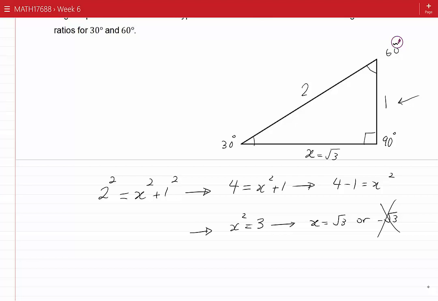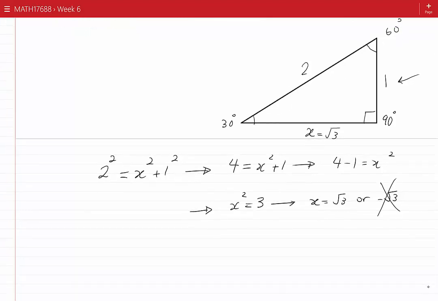Because I have all of the sides, I can write down the trig ratios for all of the angles. For example, sine of 30 degrees is opposite of 30 degrees over hypotenuse, and therefore cosecant of 30 degrees is 2.